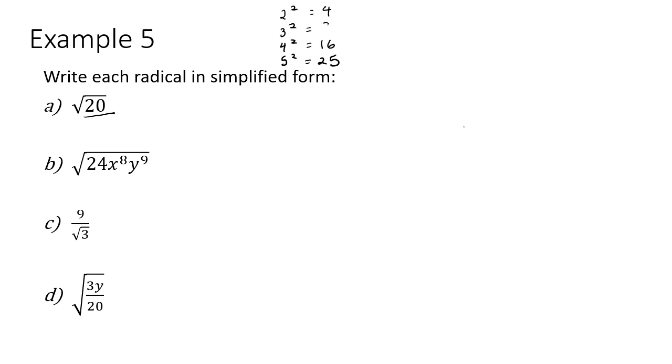And in fact, you can divide 4 cleanly into 20, and that would leave you with 5 left over, because 20 is 4 times 5. And so now we can take the square root of the 4, which is 2, but the 5 is still trapped under the square root. And so that would simplify to 2 square roots of 5.